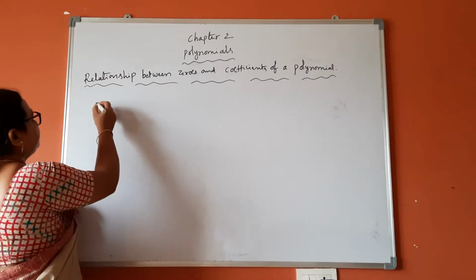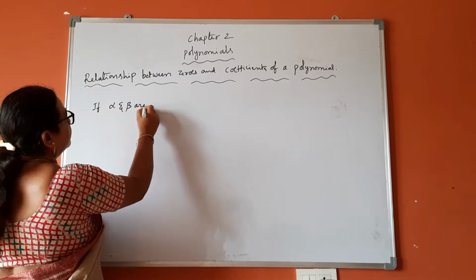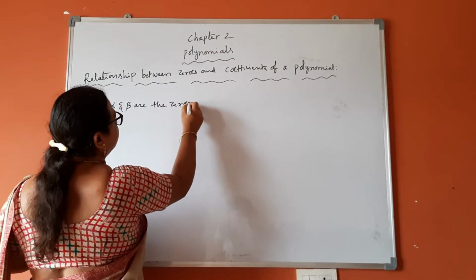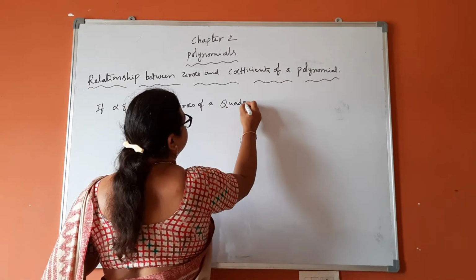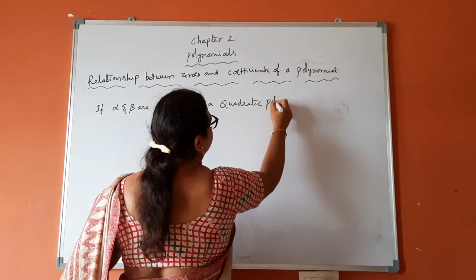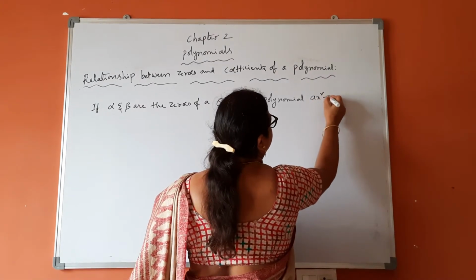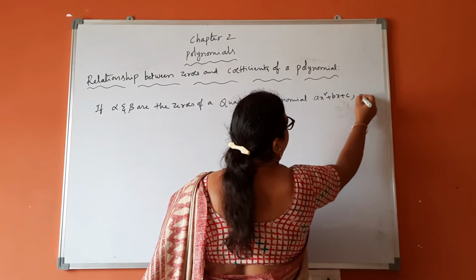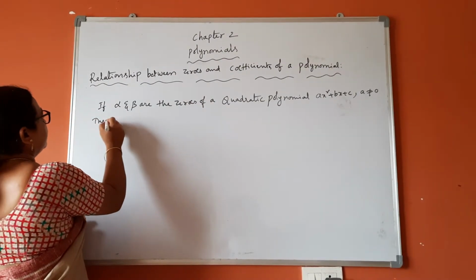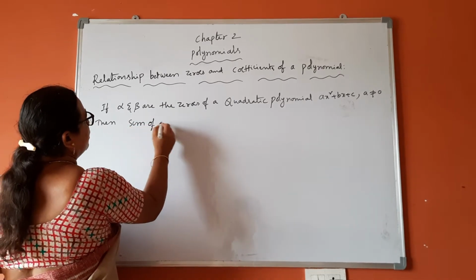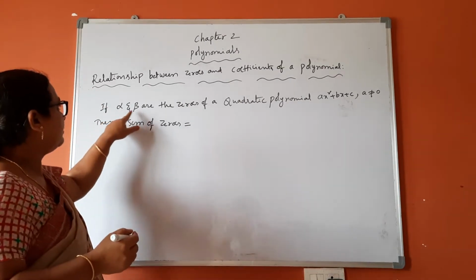So, if alpha and beta are the zeros of a quadratic polynomial ax square plus bx plus c, where a is not equal to 0, then the sum of zeros, here the zeros are alpha and beta.